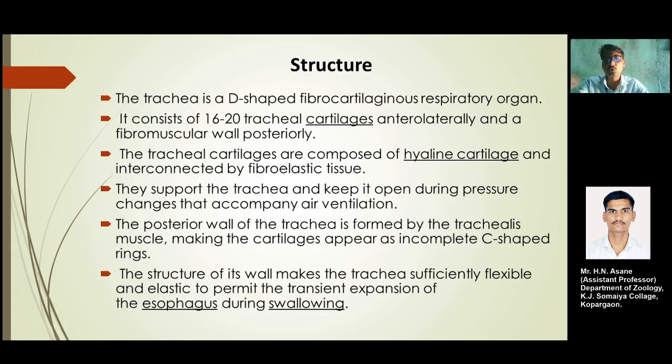It is not O type, it is C type. The C-type ring is on the frontal side, the trachea, and the opening is where the esophagus is connected to the trachea.